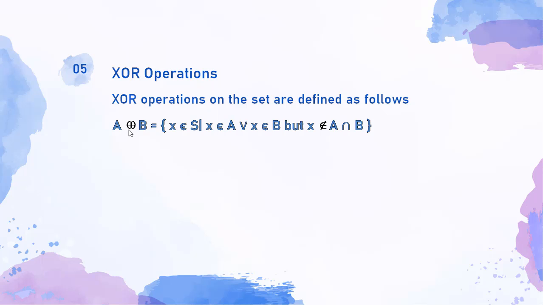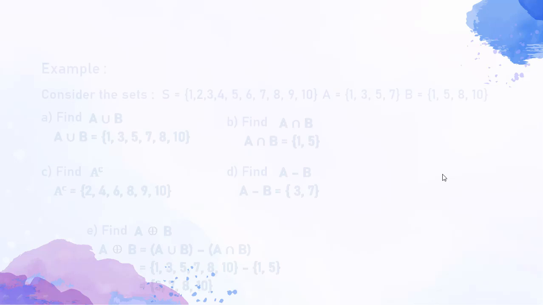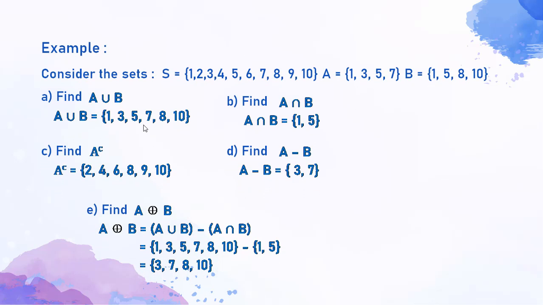A XOR B is the set containing X, an element of S, such that X is an element of A or X is an element of B, but X is not an element of A intersection B. That is, A union B minus A intersection B. Okay, for example, it can be seen on the screen.